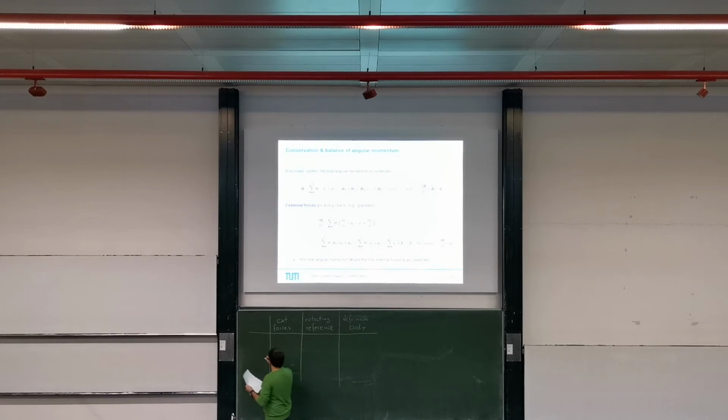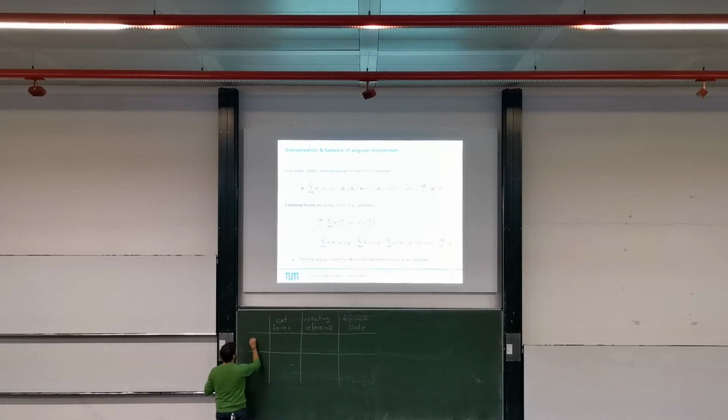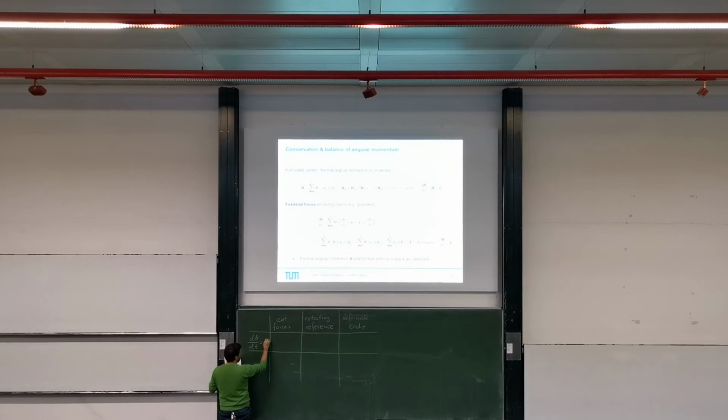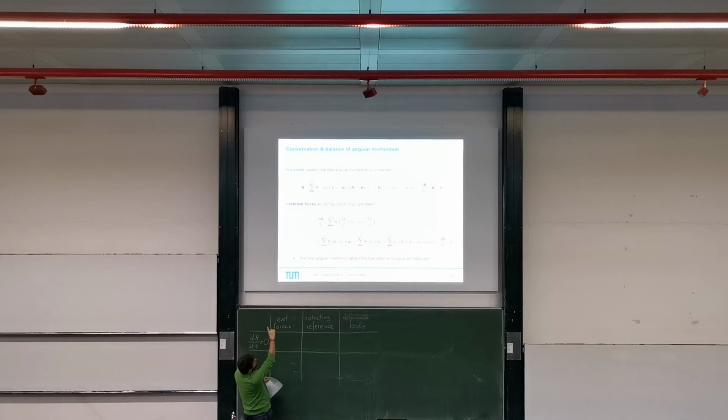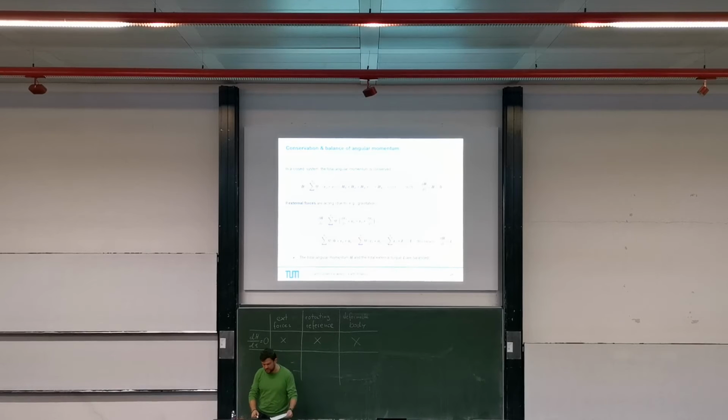Something like this. Then we end up now with the first step of our derivation, where we say the change of the angular momentum with respect to time is equal to 0. That means that we do not consider, as is stated there, any external forces, we do not account for any rotating reference, and we do not take into account deformations, which means we assume a rigid Earth body.